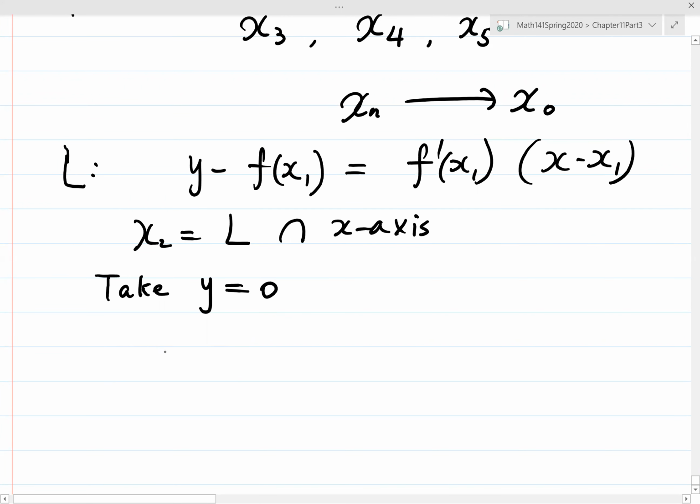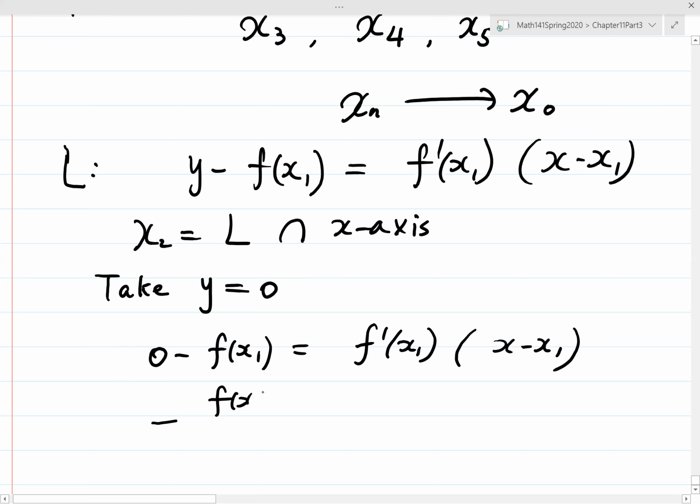Then you get 0 minus f(x1) equals f'(x1) times (x minus x1). Divide by the coefficient, the derivative, then you get x minus x1, so you solve for x.